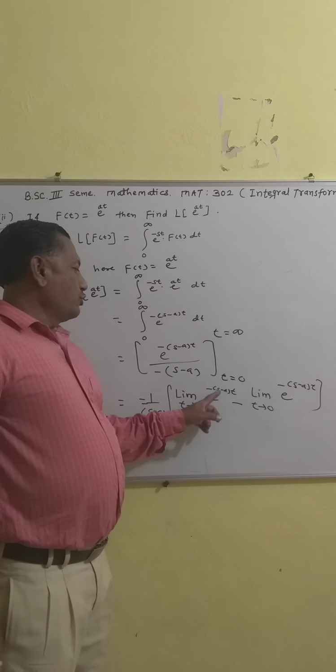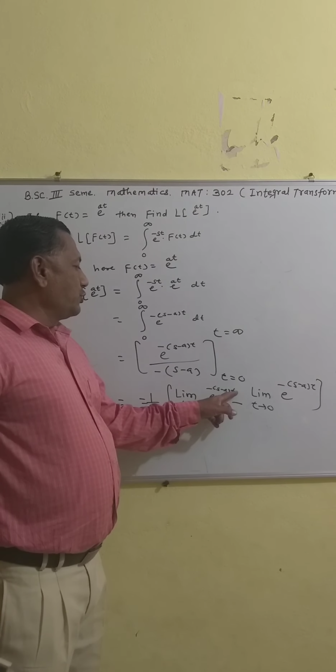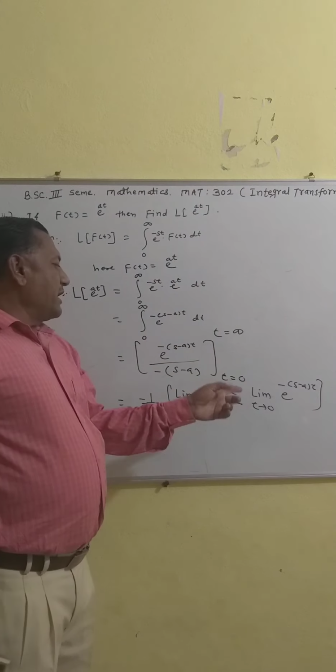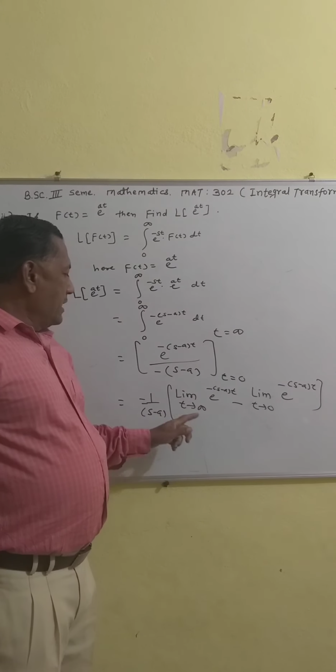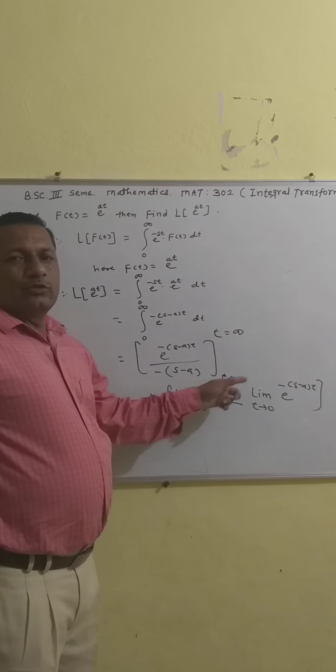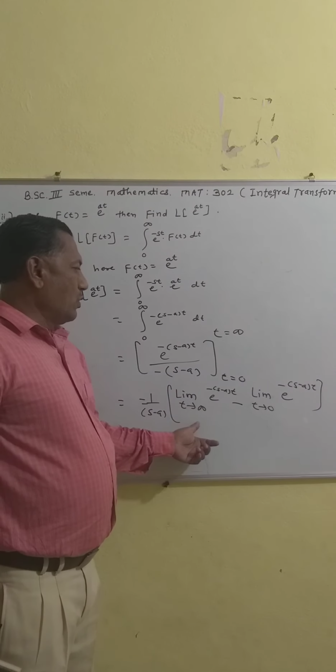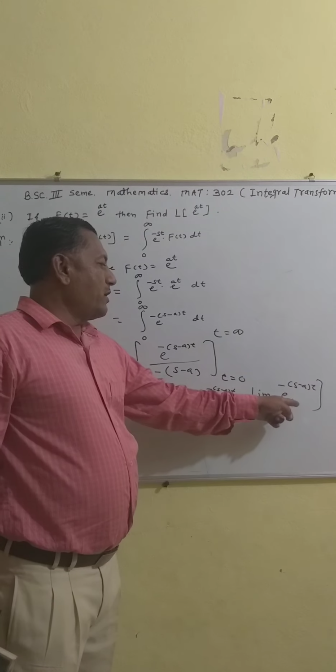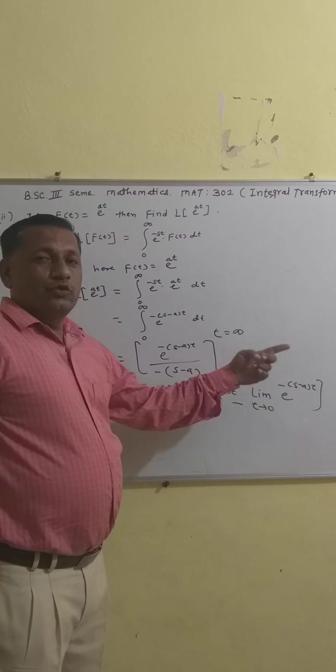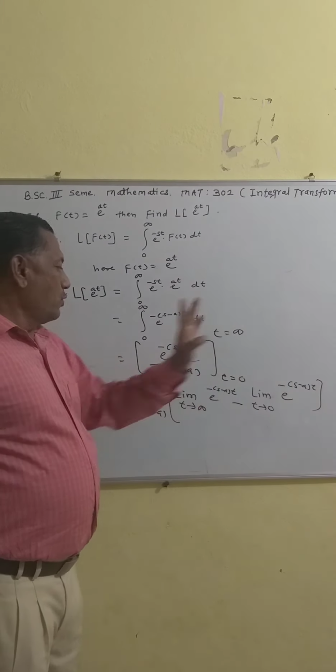Again, e raised to minus (s minus a) t can be written as 1 upon e raised to (s minus a) t. As t tends to infinity, e raised to infinity means infinity, and 1 upon infinity means 0. Again here, 1 upon e raised to 0, e raised to 0 means 1, and 1 upon 1 means 1.